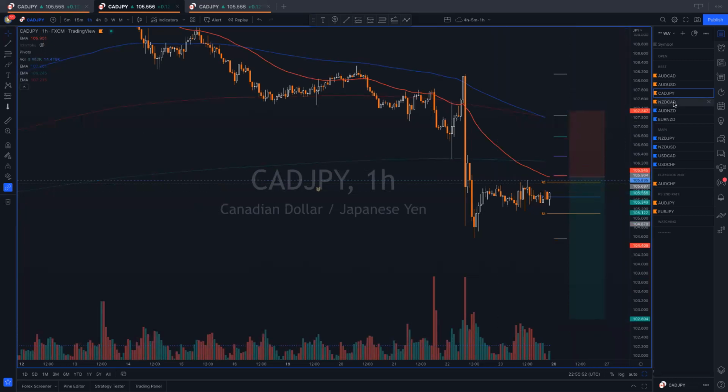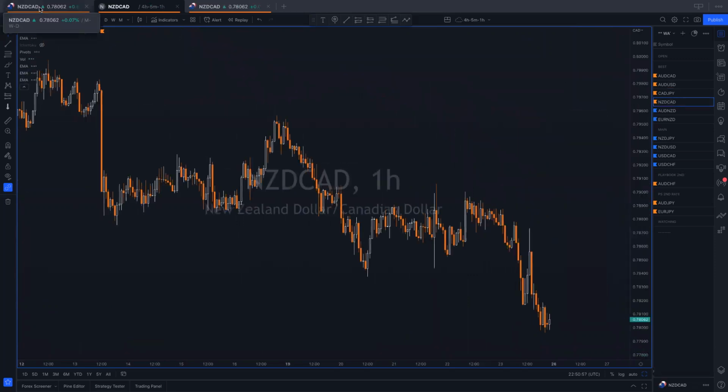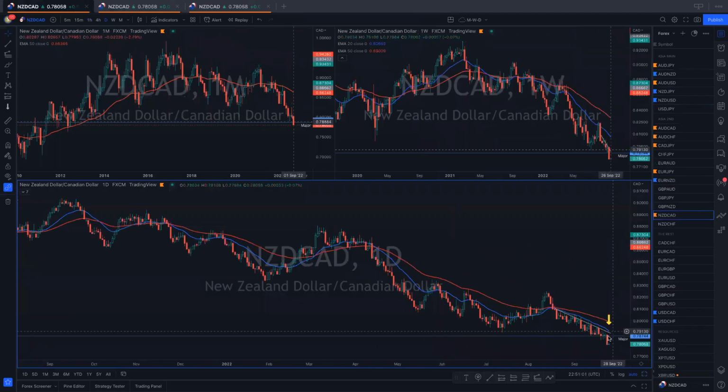And the last one I think might set up today, I like, is Kiwi CAD. Back to the daily. We've had a strong day down again on Friday. The Kiwi has been pretty weak the last few weeks, even weaker than the CAD, which is saying something there.